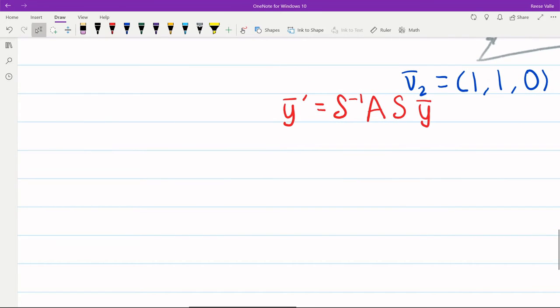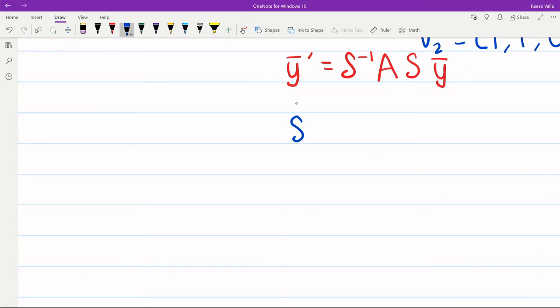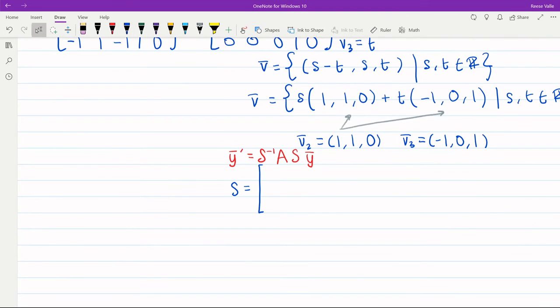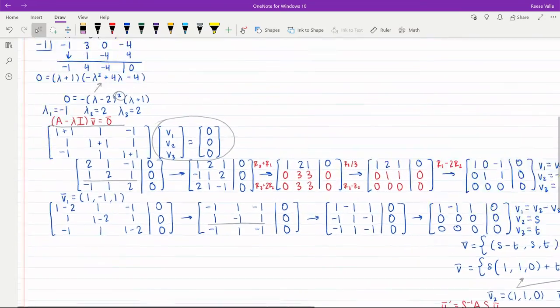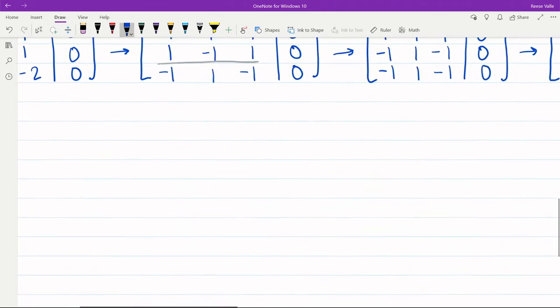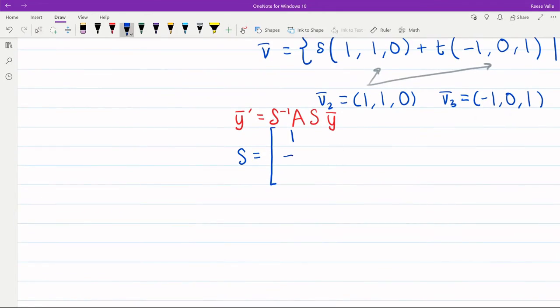And S is just going to be made up of all 3 of your eigenvectors. So the first one over here was 1, negative 1, 1.